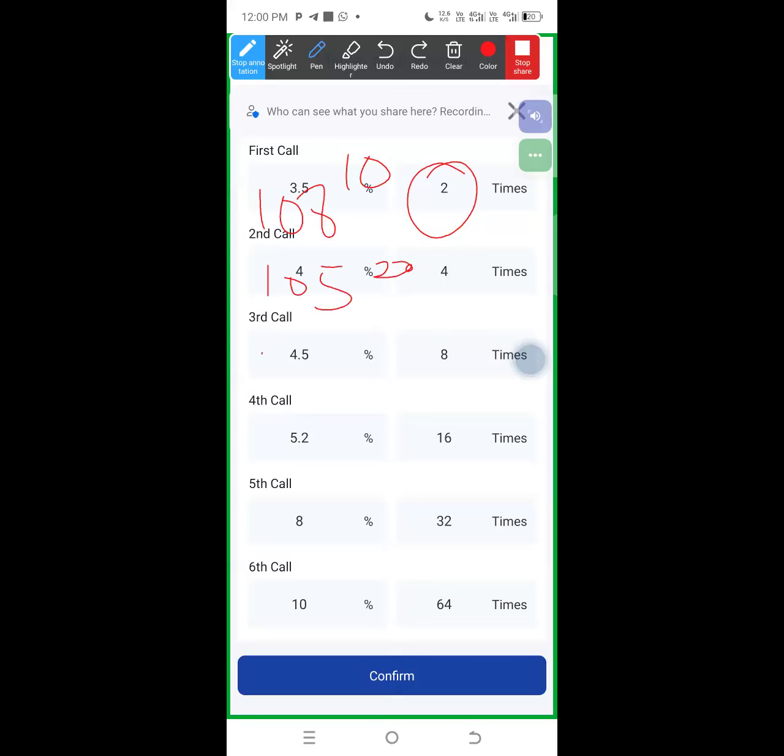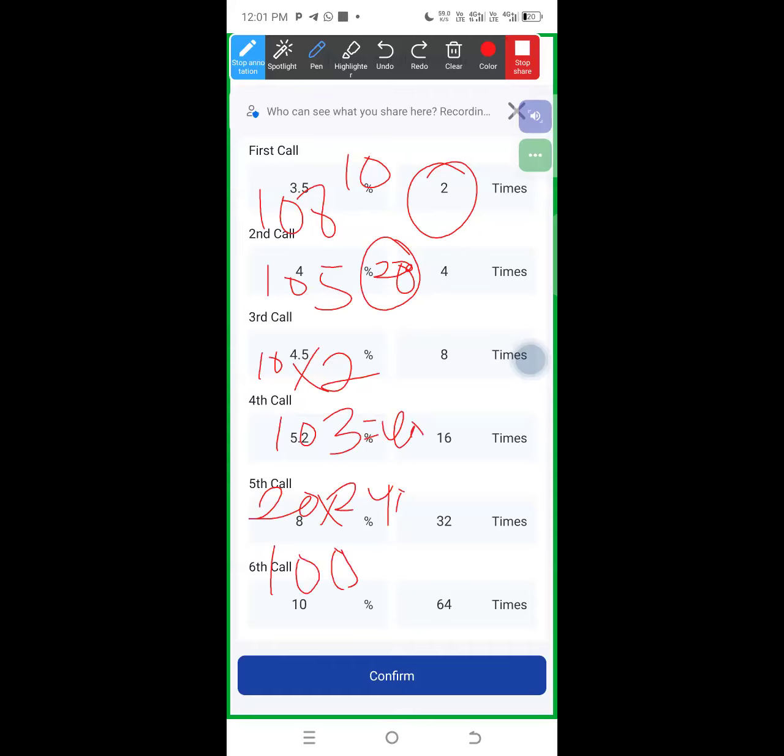That is 10 times 2, which gives you 20. Now, when the price goes down to 103 and you still want to buy, you double this value: 20 times 2 gives you 40. When the price goes down again to 100 and you want to buy again, double it, times 2, giving you 80.